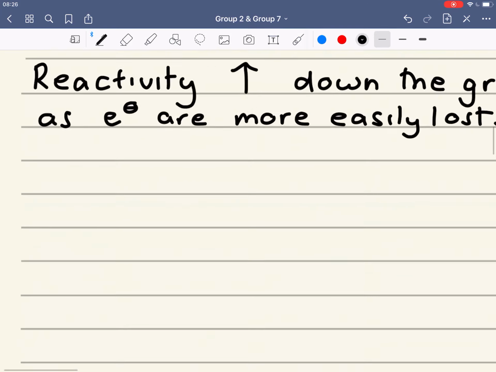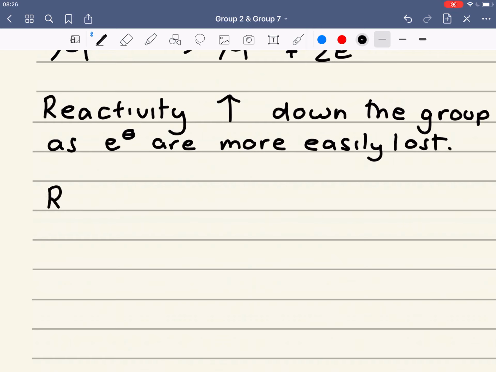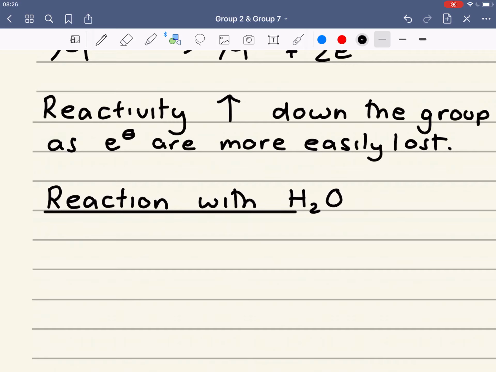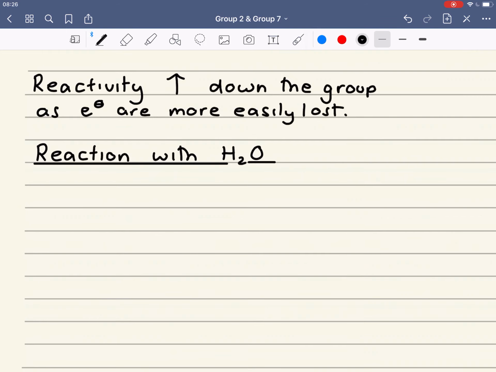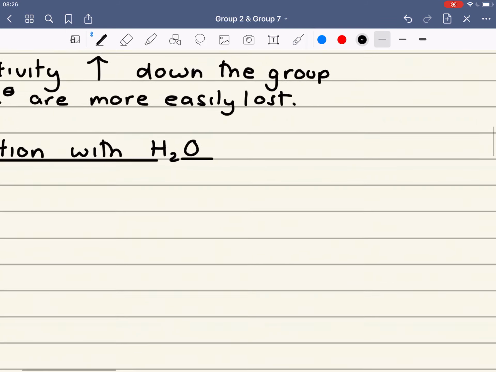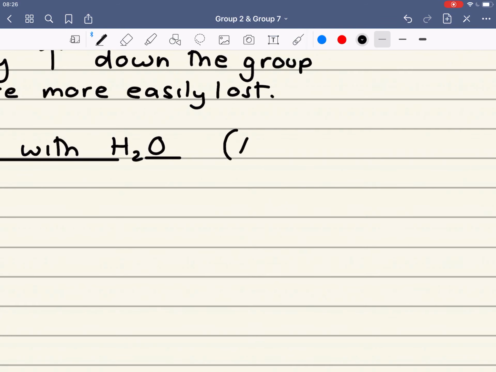Now the reaction we're going to look at is the reaction of group 2 metals with H2O. When we're looking at these reactions, we are really looking at the reactions primarily between magnesium and barium.